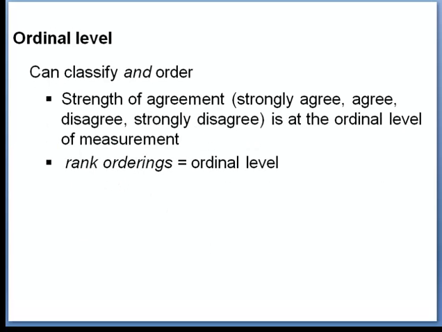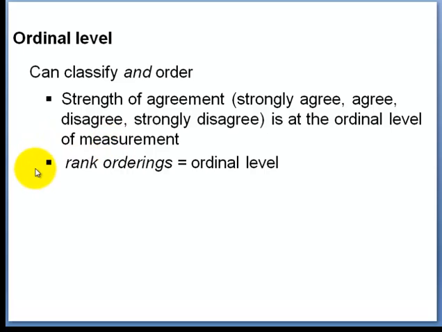At the ordinal level of measurement, one can classify and order values. For instance, questions that measure strength of agreement are at the ordinal level of measurement. So one can say that strongly agree is greater than agree, which is greater than disagree, which is greater than strongly disagree. So unlike at the nominal level, at the ordinal level, we can order values from low to high.